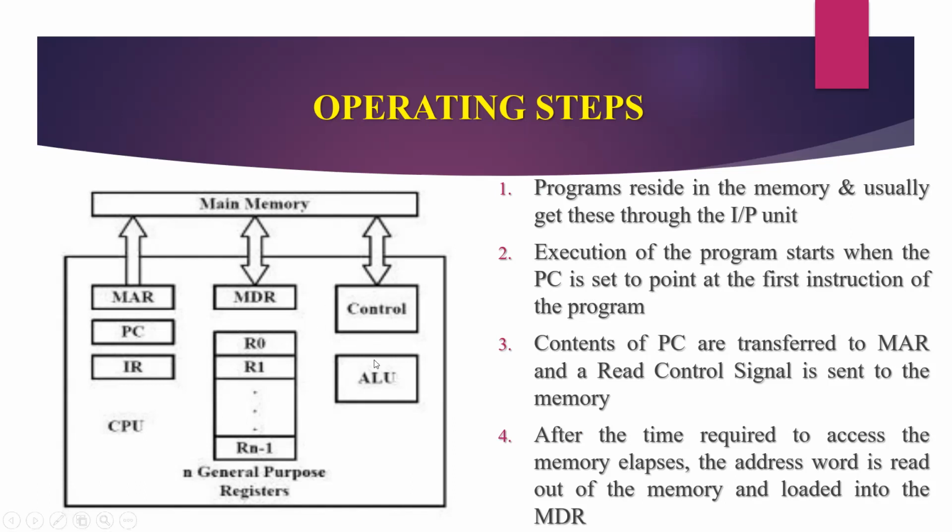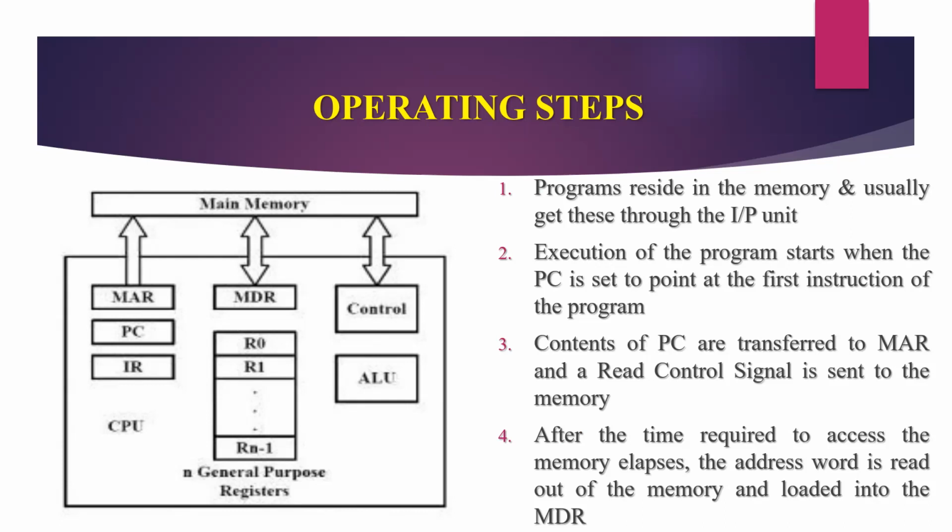Then the third step: the contents of the program counter are transferred to MAR. What is the content of the program counter? The address of the first instruction. Now that address is supplied to MAR, the memory address register. What is the purpose of MAR?